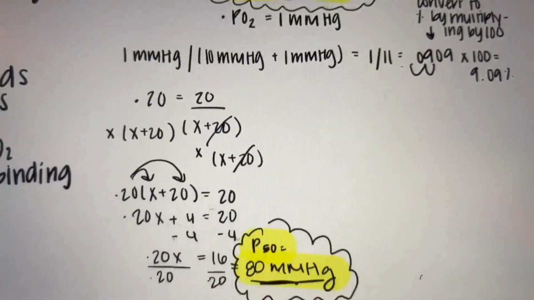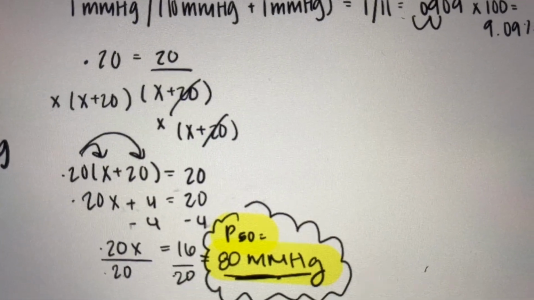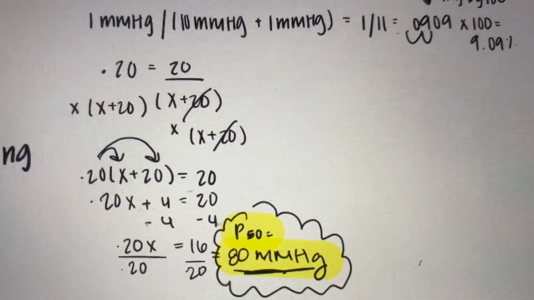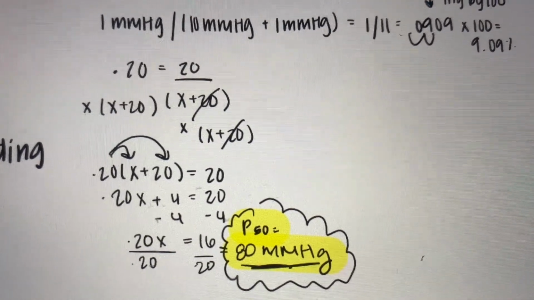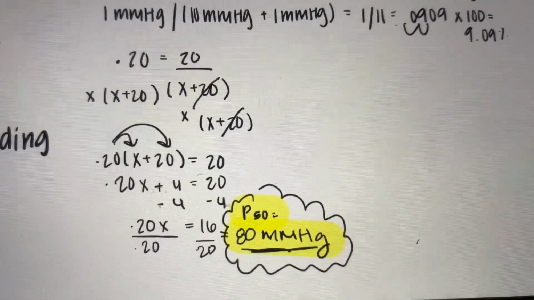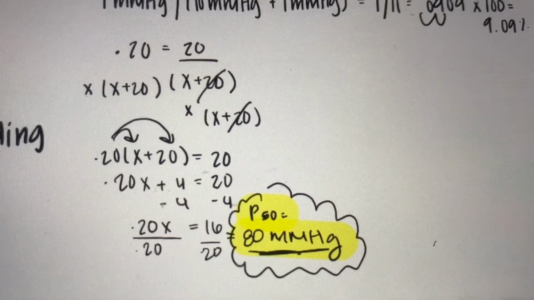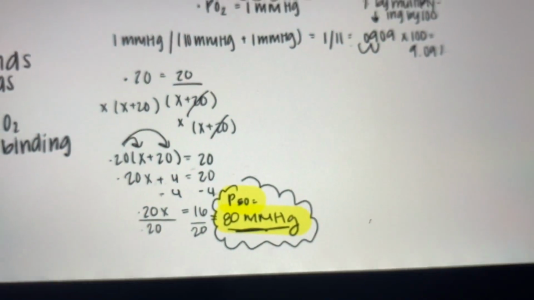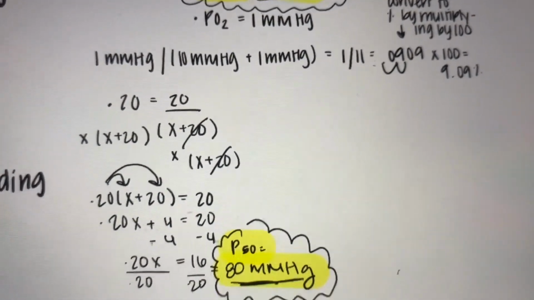And I did question 2, which again used the same equation, but I filled in X for P50 since that was not given to us. And I got the P50 equals 80 millimeters mercury.